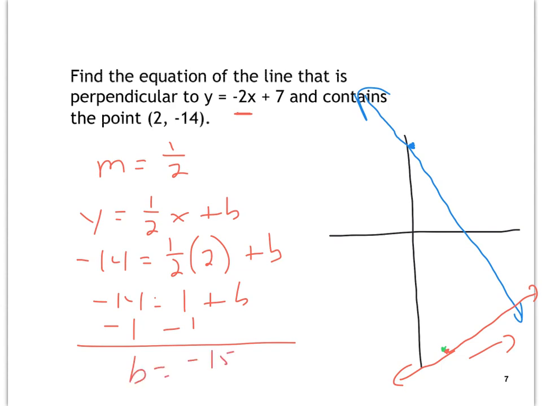So the equation of my line, I'll do that in green, is y equals, my slope was 1/2, x plus my b, which was negative 15. And boom, there is our equation of our line that's perpendicular to the line y equals negative 2x plus 7 and passes through the point 2 comma negative 14.